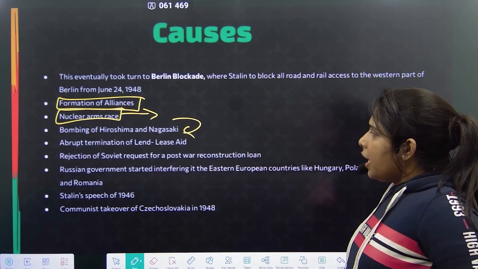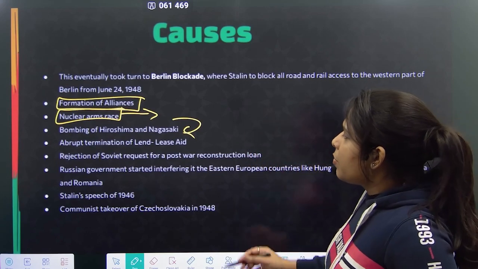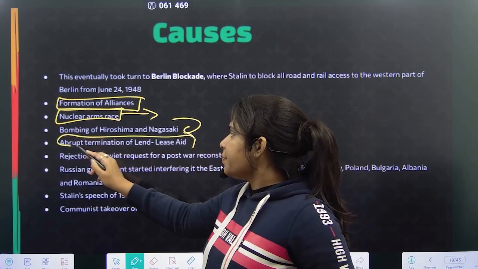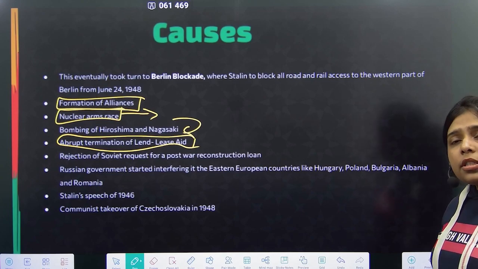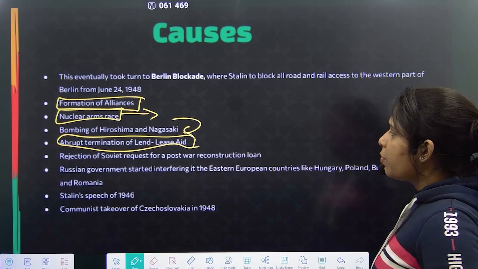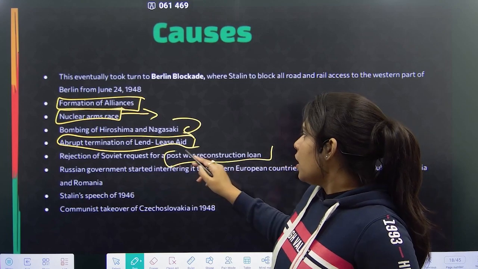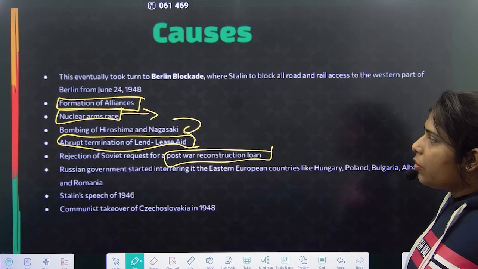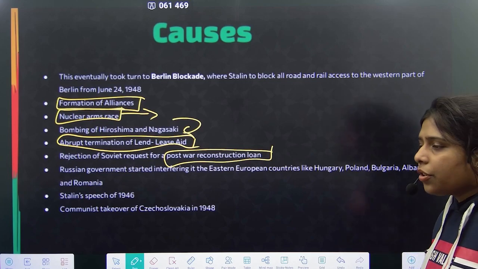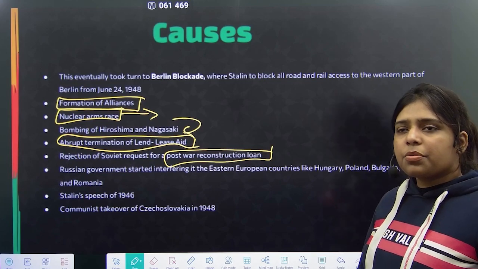Okay. Next, you also saw abrupt termination of Lend-Lease aid from the side of the Western parts. Okay, they also started rejecting Soviet request for a post-war reconstruction loan. Now, Soviet demanded, because war was held in Europe. It was the European nations, European countries which were destroyed.